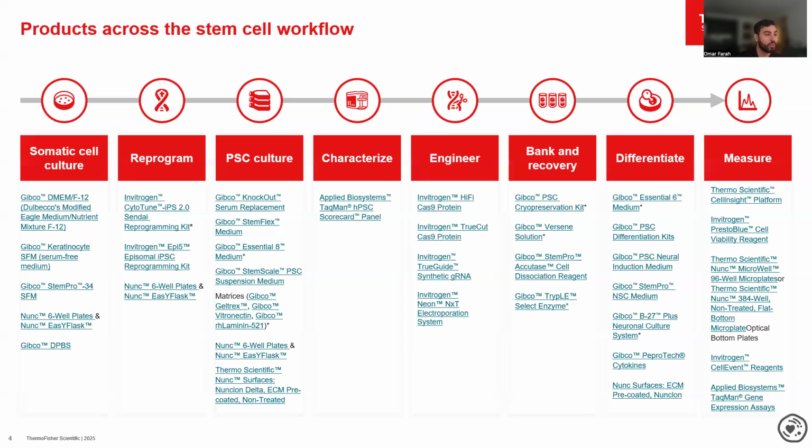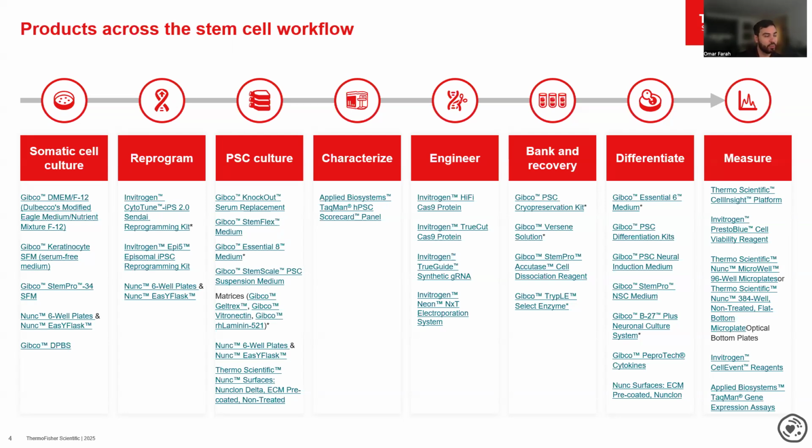How do we work with these cells from start to finish? Looking at the very left side of the slide, you'll see that most folks will start with a somatic cell that they can culture, whether that be fibroblasts or blood-derived cells. And then they'll move into what we call, and we'll talk about this today, reprogramming, where they can reverse time, if you will, and take that somatic, fully differentiated cell back into a pluripotent state.